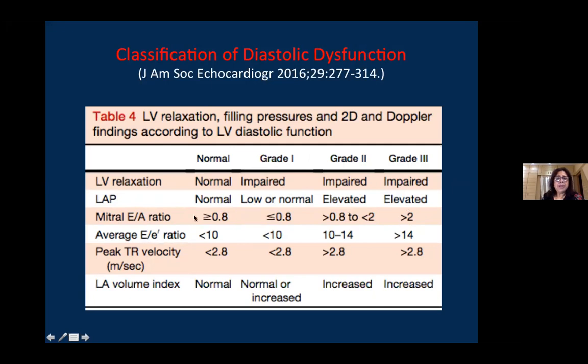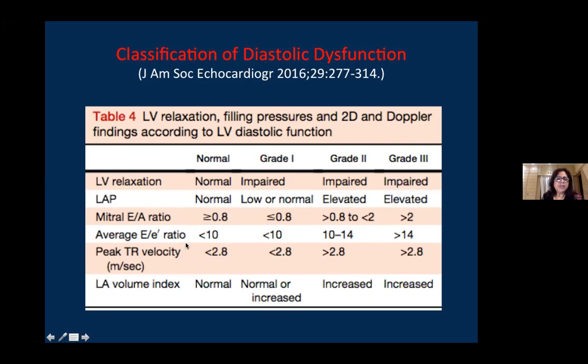Average E by E prime normally is less than 10. So also in grade 1. In grade 2, 10 to 14. And in grade 3, it is given more than 14. Peak TR velocity less than 2.8 meter per second in normal and grade 1 diastolic dysfunction, whereas in grade 2 and grade 3, it's more than 2.8, indicating presence of raised pulmonary arterial systolic pressure.